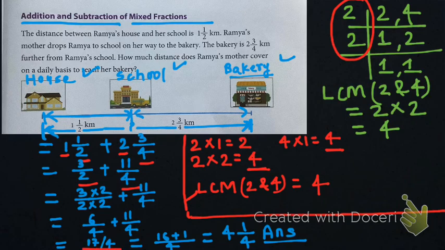This is one fraction, but we need to convert it into mixed fraction. So we have written 17 as 16 plus 1 because 16 comes in 4's table. How many times? 4 times. So your answer will become 4 1 upon 4.